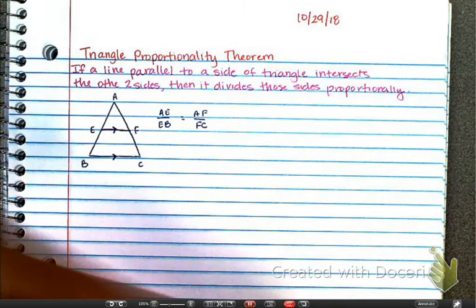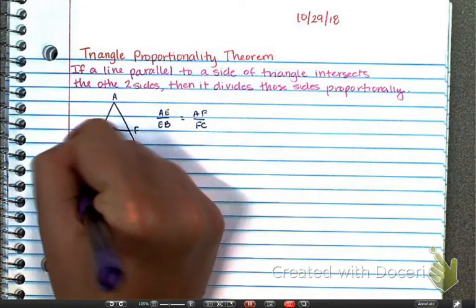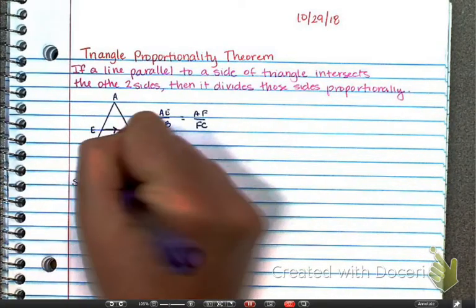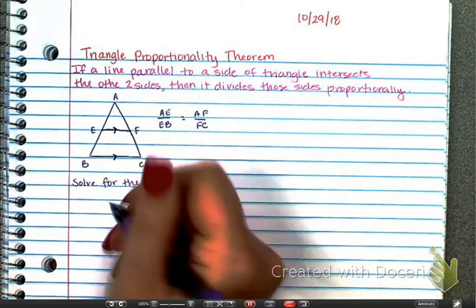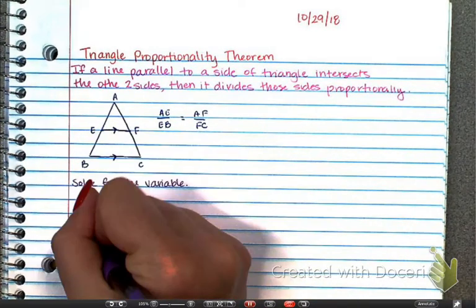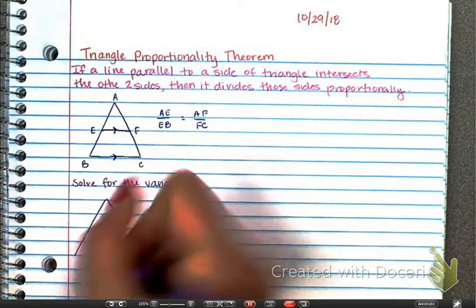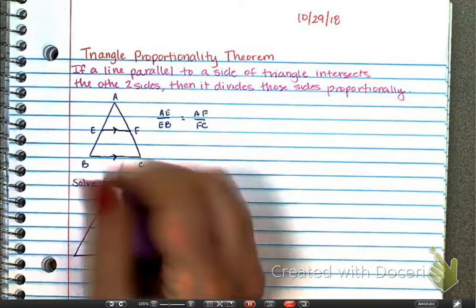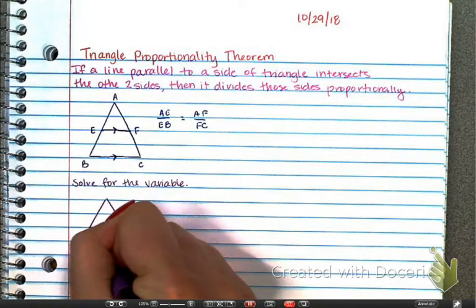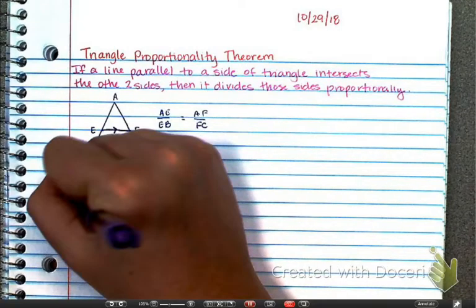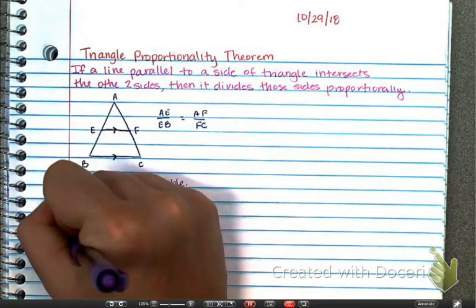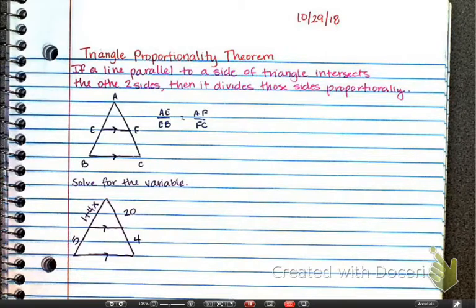All right, so let's look at a problem. So we're going to solve for the variable. So I have 1 plus 4x, 5, 20, and 4.